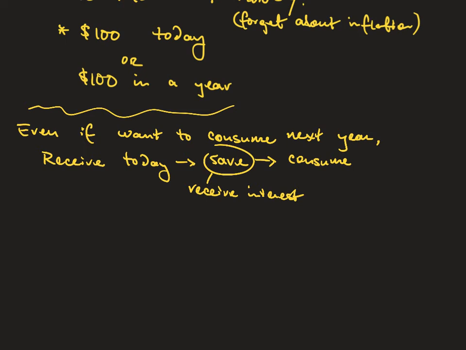So here's what you can do. You can receive today, you can save, receive interest, and consume more than $100 next year. Okay, so let me just say interest rate 10% for the sake of this example.